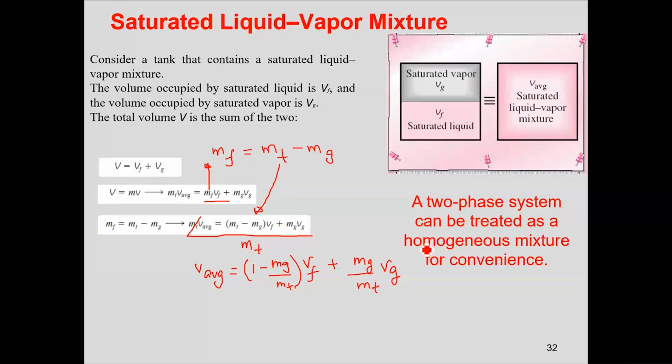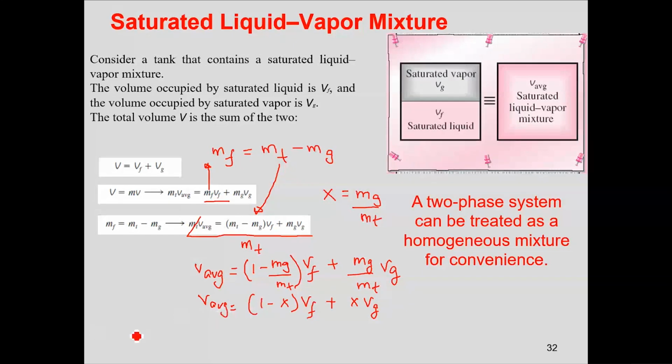Is it clear? Yes, sir. And by definition, x is equivalent to mg over mt, so I can replace it: V average equals (1 minus x) Vf plus x Vg. Clear enough? Yes, sir.